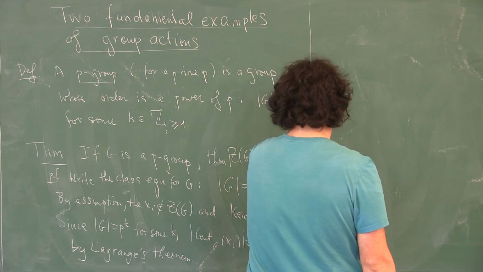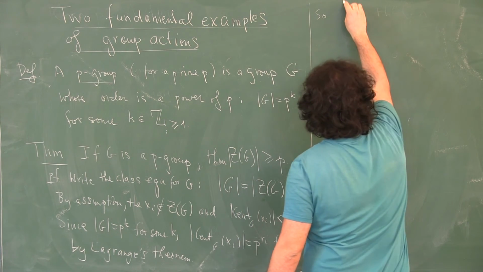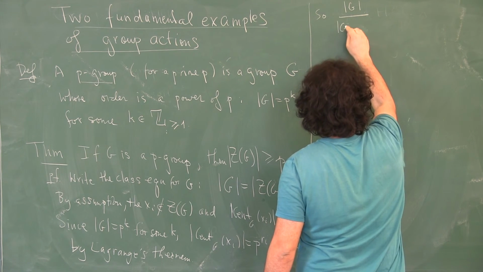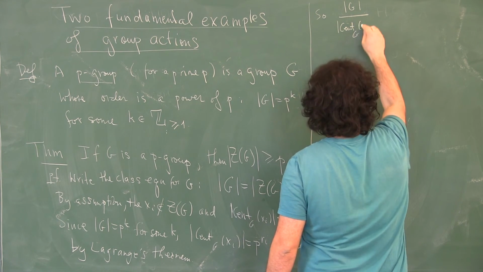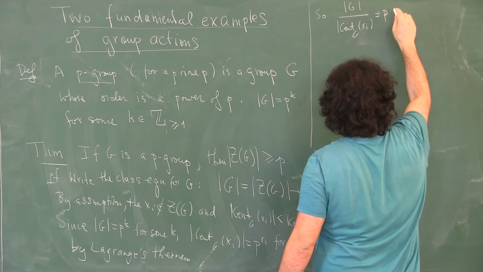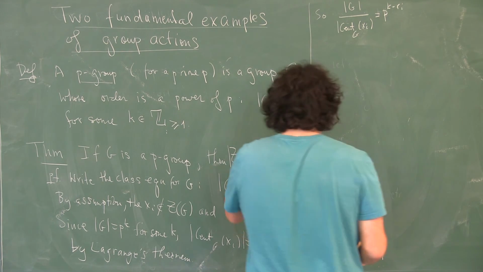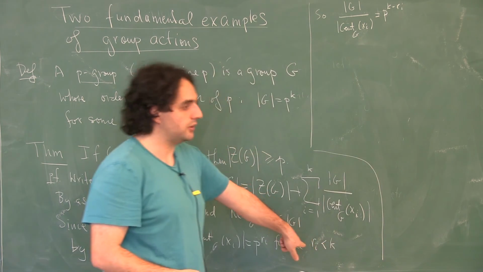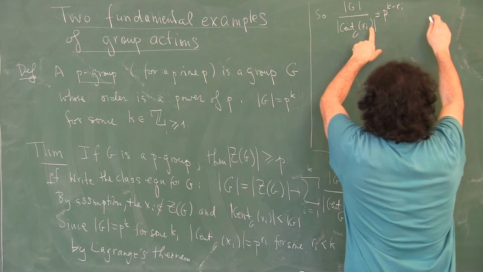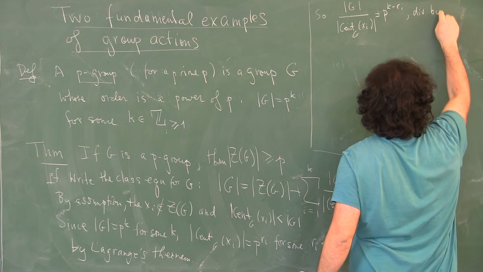Okay, and so what is the order of this term here? So the order of G divided by the order of the centralizer in G of xi is p to the k minus ri. And because ri is strictly less than k, this is divisible by p.